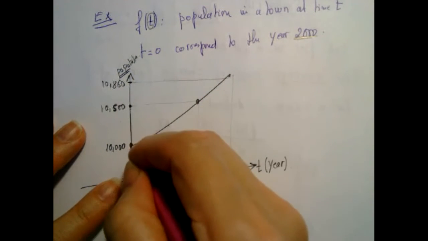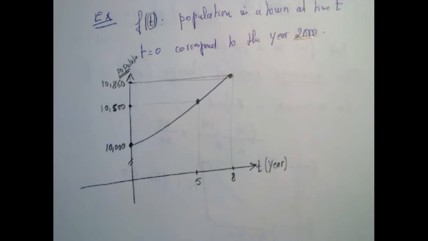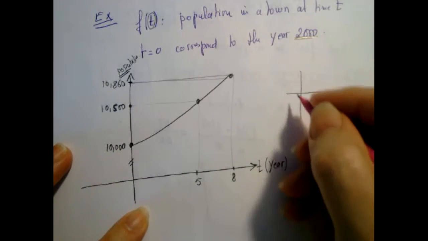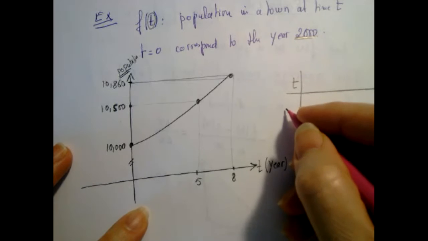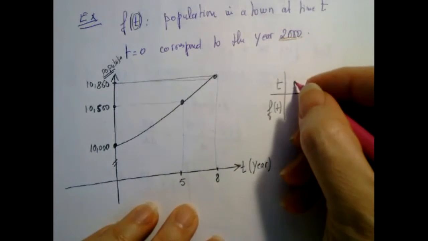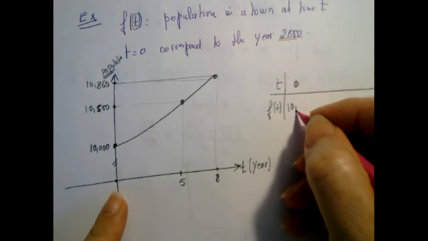So this is the graph of the population. Let us make sure we understand verbatim. That's the time, and that's the function, which gives me the population. At t equal to 0, we have 10,000.